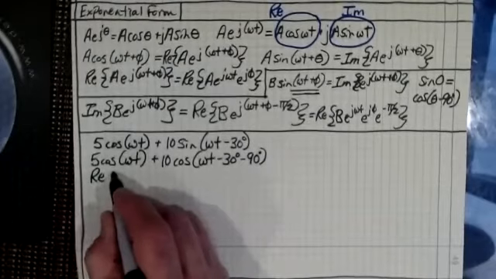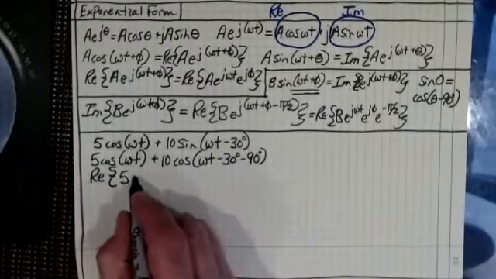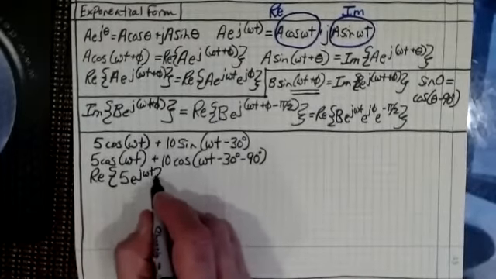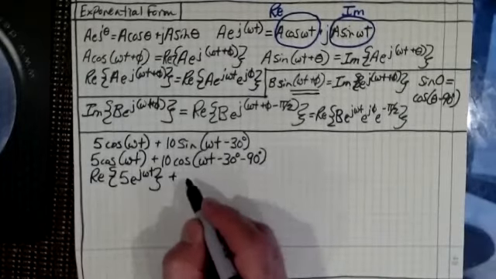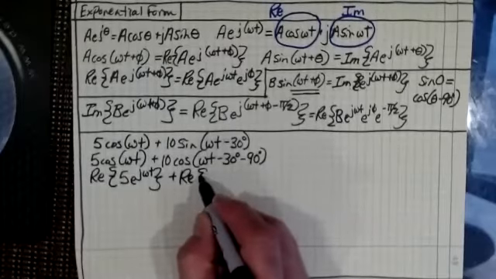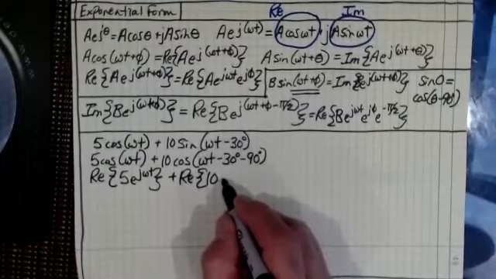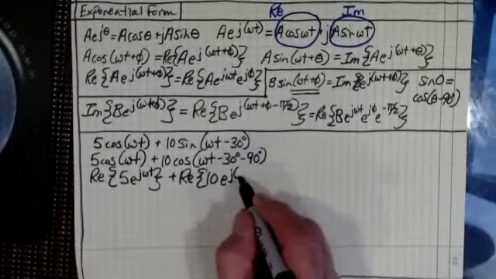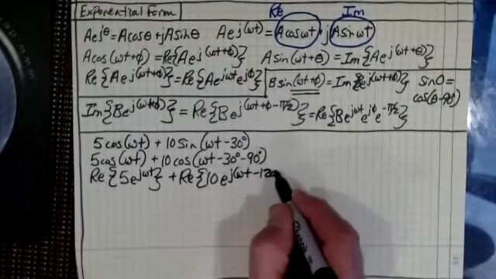I can say that this is going to be the real of 5 e to the j omega t, right? And I'm going to add to it the real part of 10 times e to the j omega t minus 120 degrees.